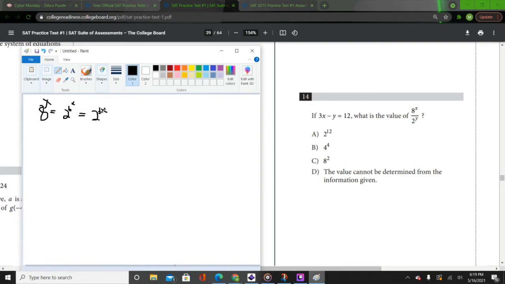That makes sense, right? Because we could simplify it as 2 to the power of x times 2 to the power of x times 2 to the power of x. And then we have 2 to the 3x over 2 to the y. Considering there's the same base, we can say that's equal to 2 to the 3x minus y.